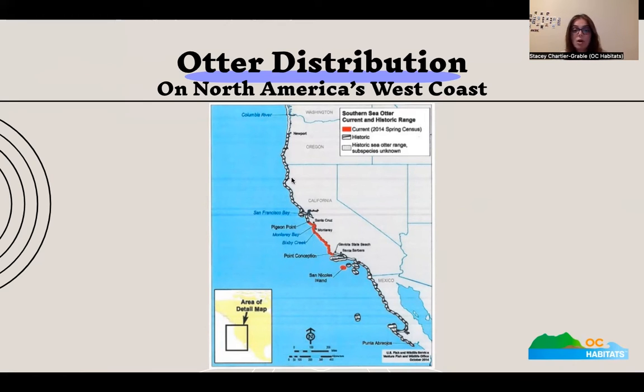So they used to go all the way down to Mexico, all the way up to Canada. And now they only live in this small portion right here in the central coast of California, which is super unfortunate. They were hunted to near extinction, and extinction in those portions in the 1870s as a result of the fur trade, which is really unfortunate.